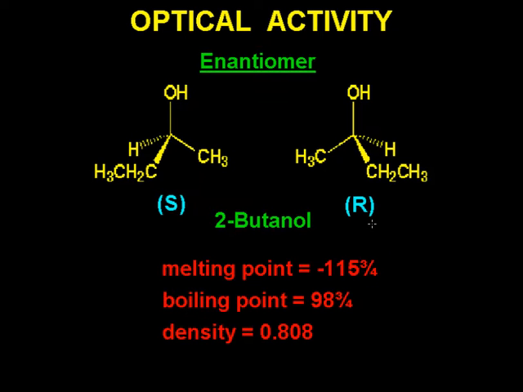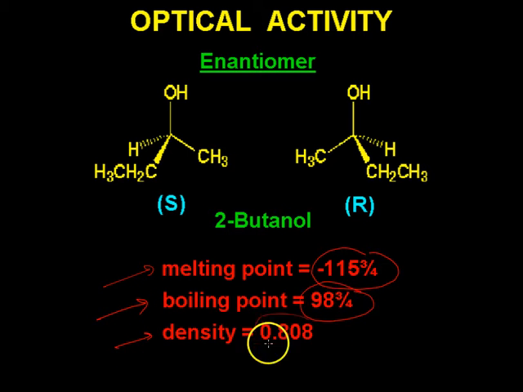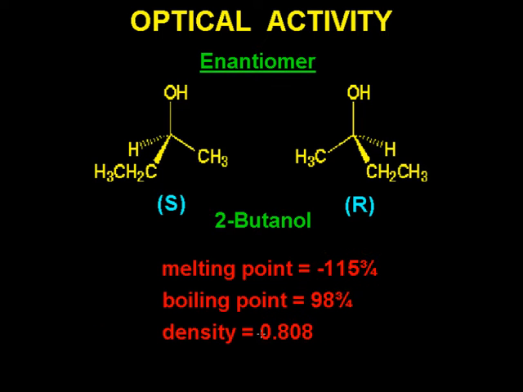Okay, so now if you look at their physical properties, both of them have identical physical properties. Their boiling point is identical, and density is also identical. When I say identical, that means exactly the same up to a few decimal places.